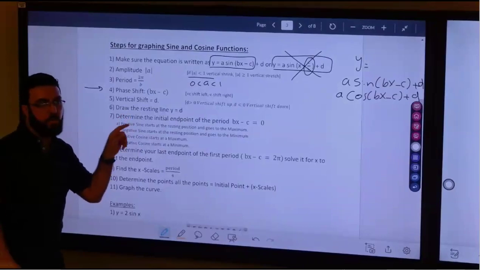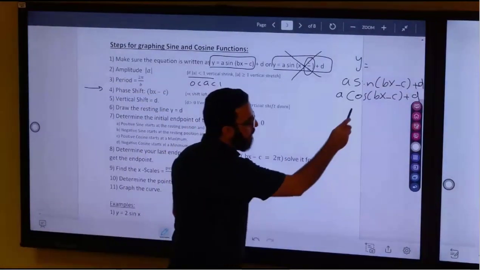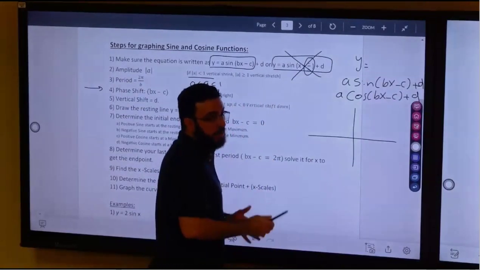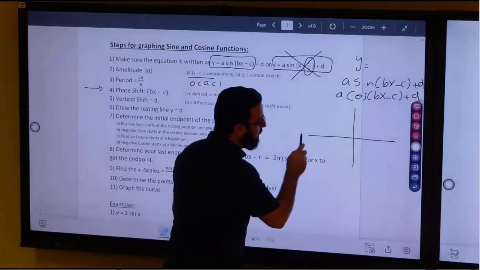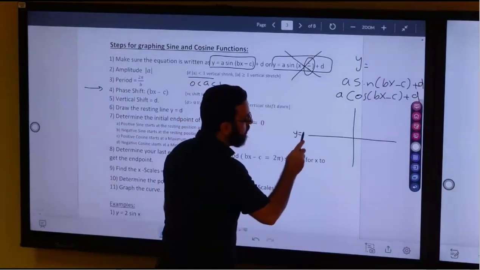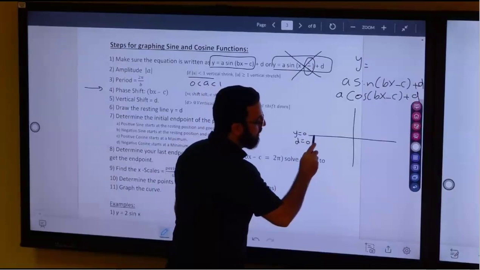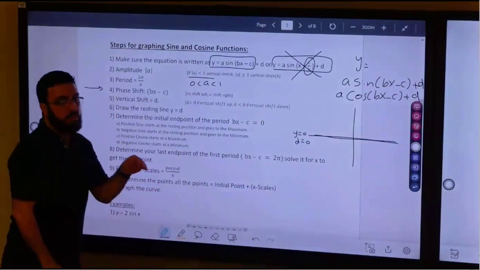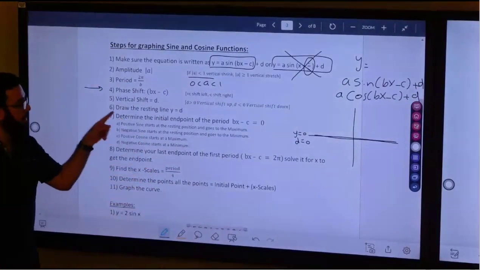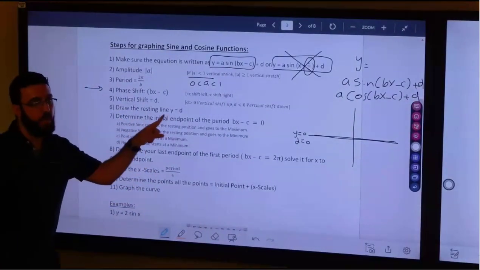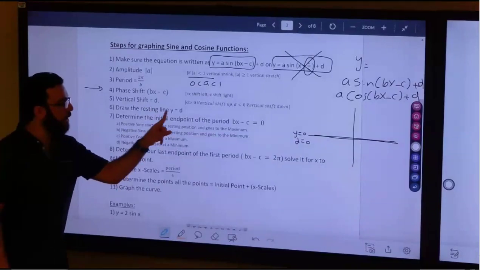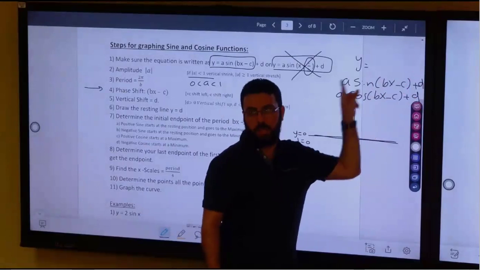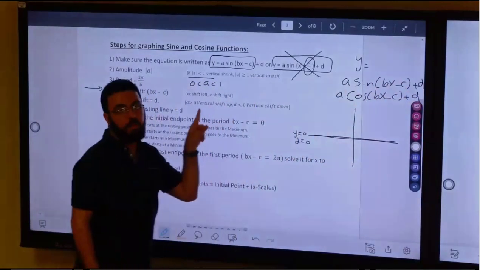With the basic cosine and sine functions, the resting line is y equals 0, D equals 0, which is this line, and the sine and cosine will go here. But when we have a different function, we have a different resting line. How are we going to find that? y equals D. How am I going to get the D? The D is going to be from the function that they give you. So we have a new resting line.